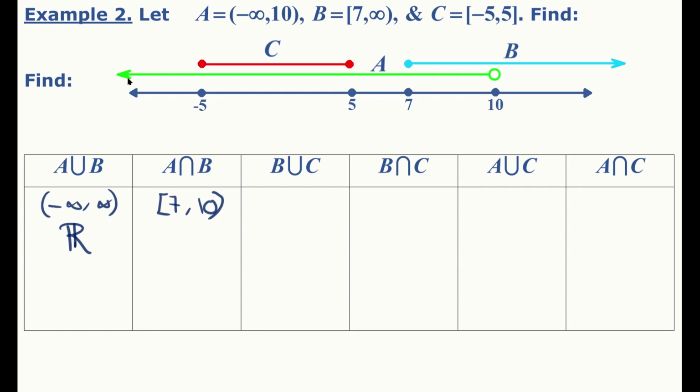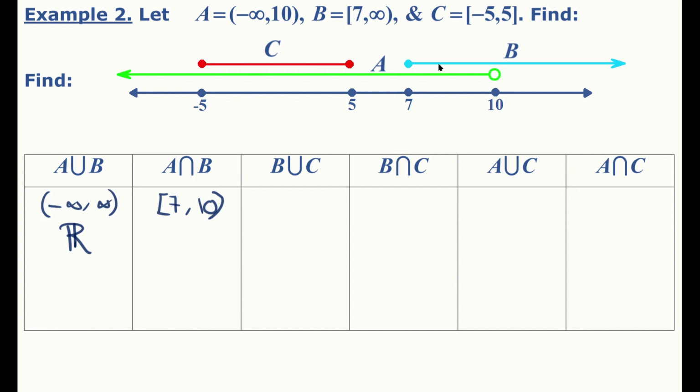All right, so next we're going to look at the union of B, which is the aqua team, and C, which is the red team. What do we get when we put those together? Well, they don't really have anything in common, so when you put them together, you're just going to get this set and that set. That's it.